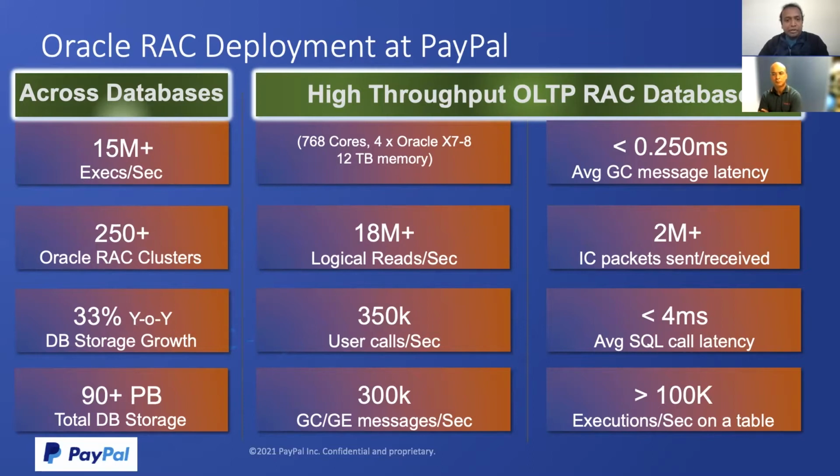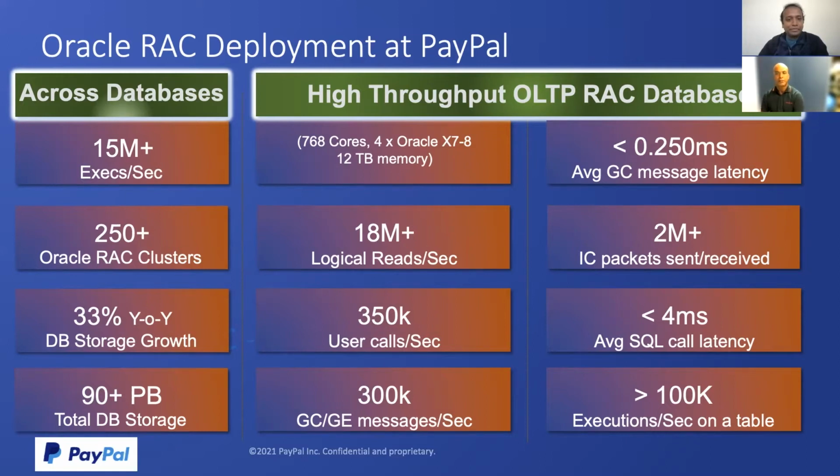These are phenomenal numbers on one single rack system. And this is all possible because we have been doing a lot of optimizations over the years in collaboration with Oracle, and we will speak about that in a bit. But this is to give an idea about the scale we have and the numbers we are doing.